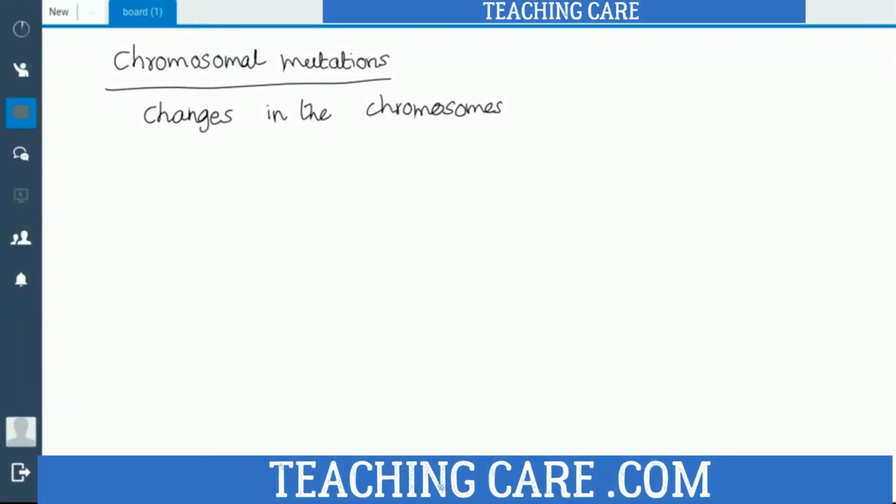So the changes which occur in chromosomes are called chromosomal mutations. Here, if you take the changes in chromosome number, every organism has a specific chromosome number.